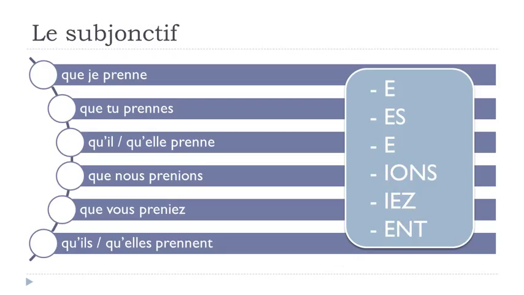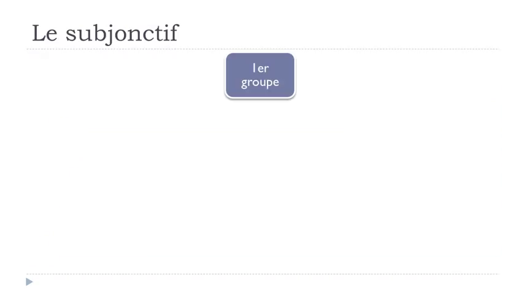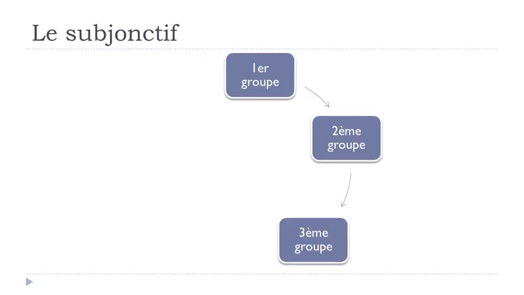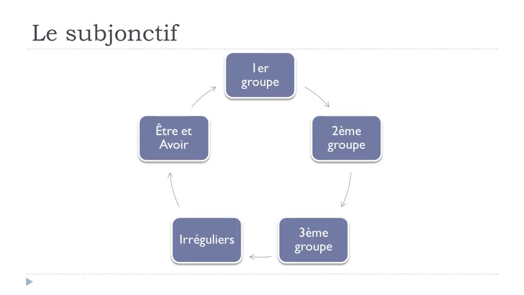All right, but then now we'll see the verbs from the first group, so regular verbs ending with er. After that, we'll see the second group, regular verbs ending with ir. Remember, not all the ir verbs, but still. After that, we'll see verbs from the third group. After that, we'll see irregular verbs. And then finally, we'll finish with être and avoir.